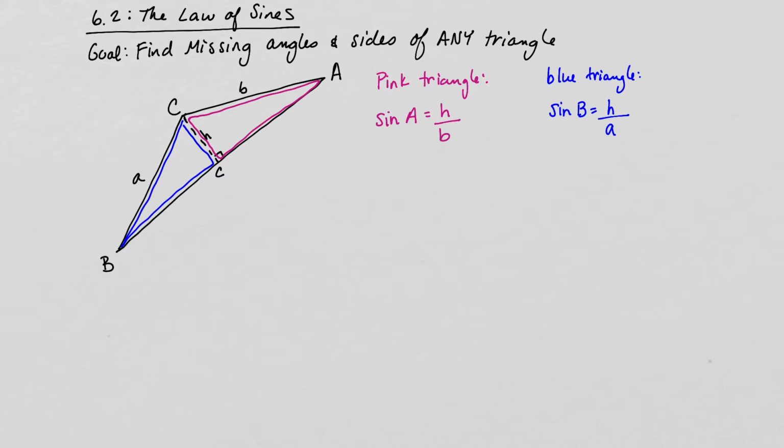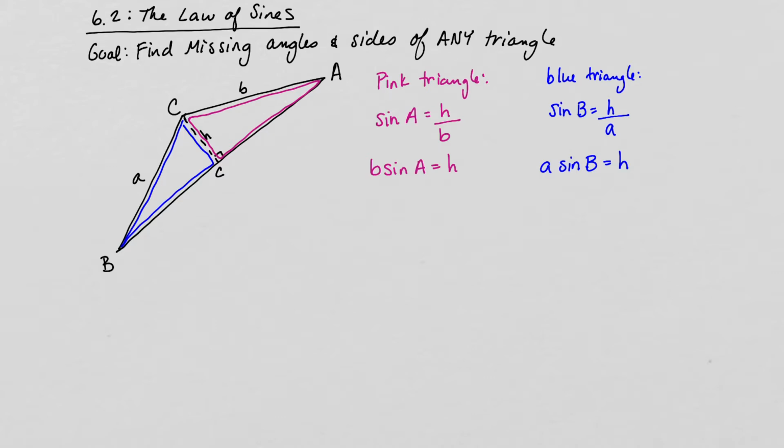And what I could do is solve each one of these for h. So in the pink side here, to solve for h, I would multiply the b up. So we would end up with b sine A equals little h. In the blue triangle, I'd multiply the a up, so I'd get a sine B equals little h.